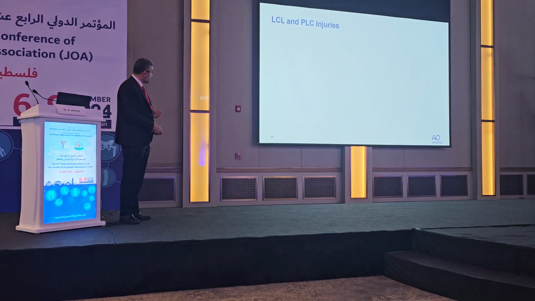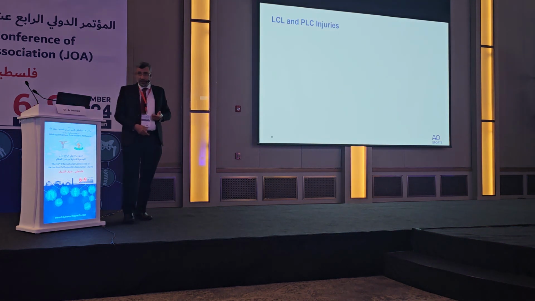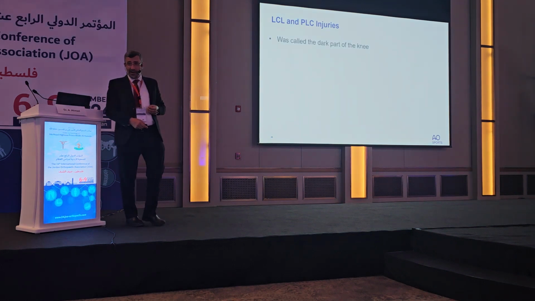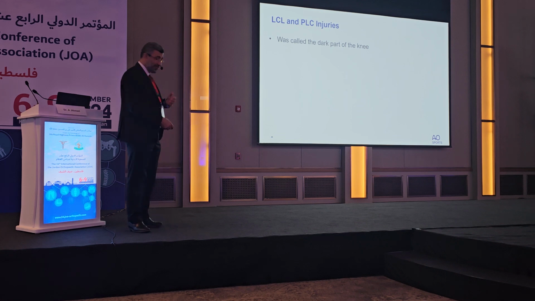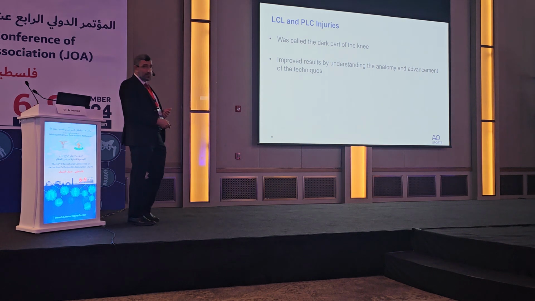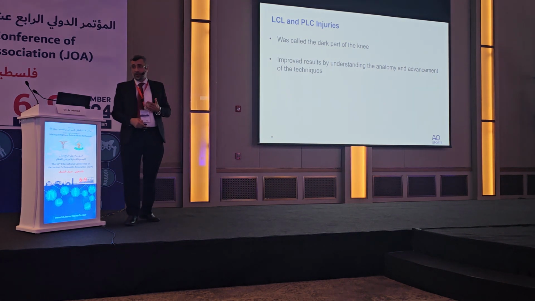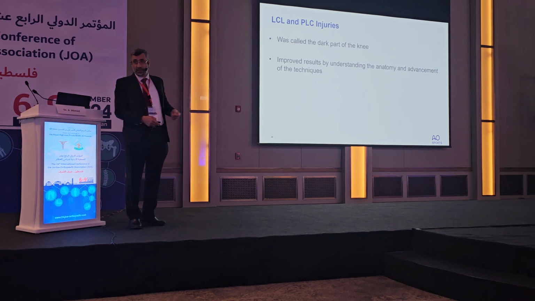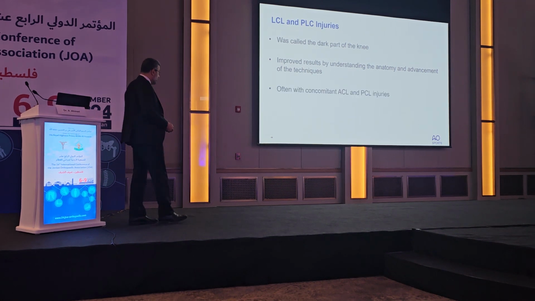This is the reconstruction. Now, what about the lateral collateral and posterolateral corner? This was called the dark part of the knee. It was difficult to treat, and difficult to know the biomechanics and the structures. But now, with improved knowledge about the anatomy and biomechanics, there are improved results of treatment of the posterolateral corner.